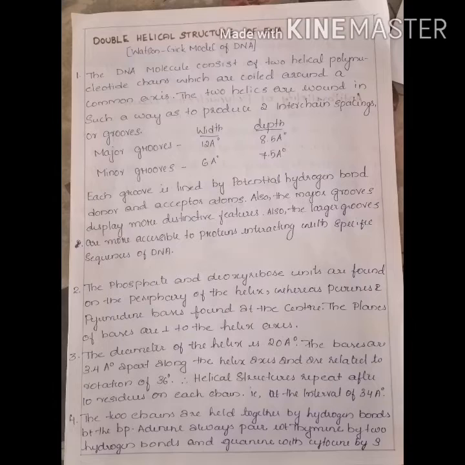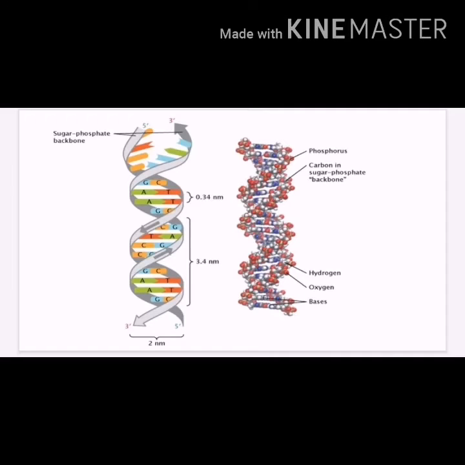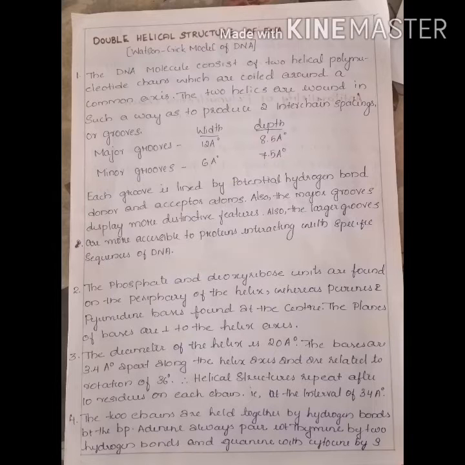The bases are 3.4 angstrom apart along the helix axis and are related by rotations of 36 degrees. Therefore, the helical structure repeats after 10 residues on each chain, that is, at an interval of 34 angstrom. In other words, each turn of the helix contains 10 nucleotide residues.